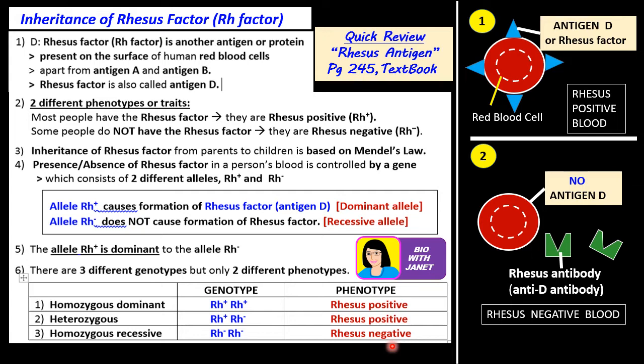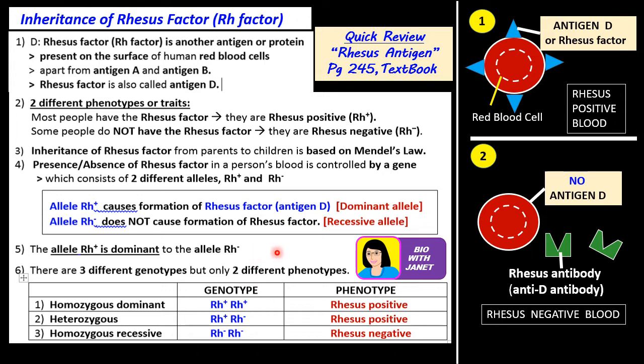So these are the three different genotypes, and these are the two different phenotypes, either rhesus positive or negative. If you're rhesus negative, you already know your genotype. You must be homozygous recessive, having two Rh negative alleles. But if you are rhesus positive, you still do not know which genotype you are unless you go for blood tests, genetic tests to find out. You could be homozygous dominant or heterozygous.